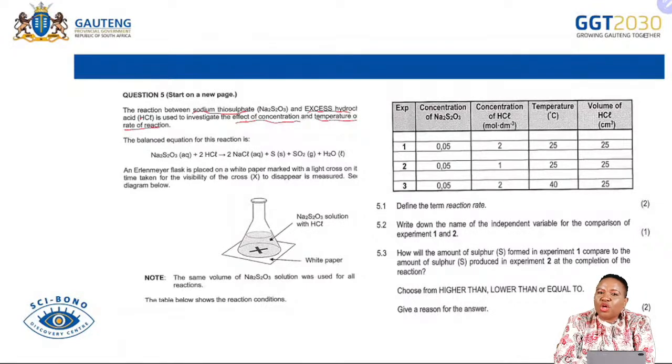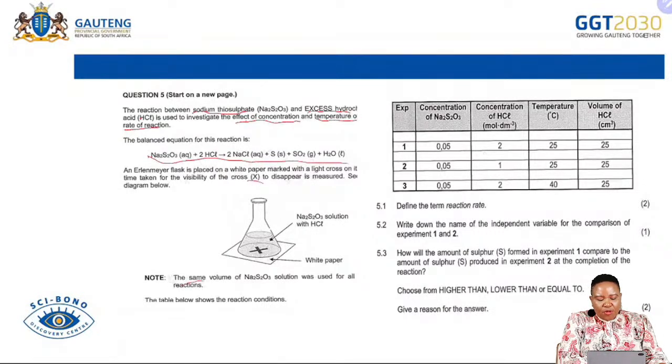You can also use the collision theory to explain how the particles react as you increase the temperature or the concentration. So you are provided the balanced equation, and then we're provided with an Erlenmeyer flask, which has sodium thiosulfate, and they are saying the disappearance of the mark X, because the mark X is put on top of the white paper, is measured according to the table below.